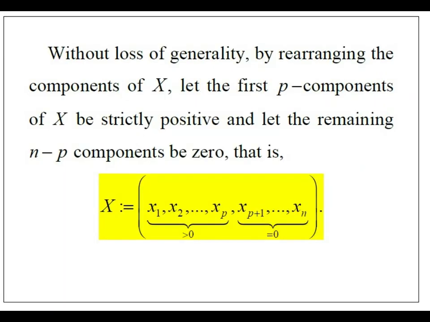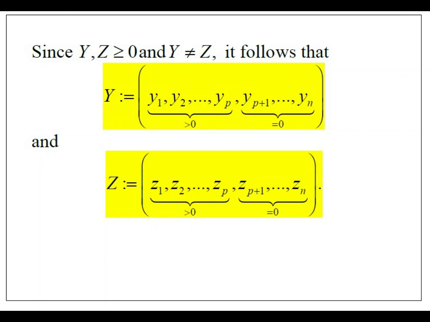y and z. Without loss of generality, we may assume that the first p components of X are strictly positive and the remaining n minus p components of X are equal to 0. Since y and z satisfy the non-negativity constraint, the first p components of y and z will be strictly greater than 0 and the remaining n minus p components of both y and z will be equal to 0.